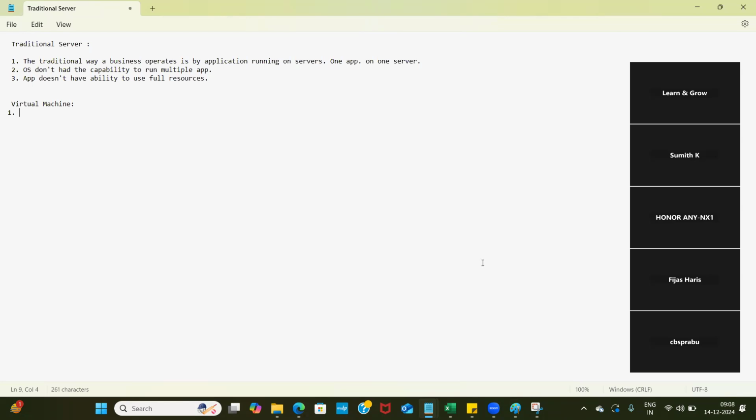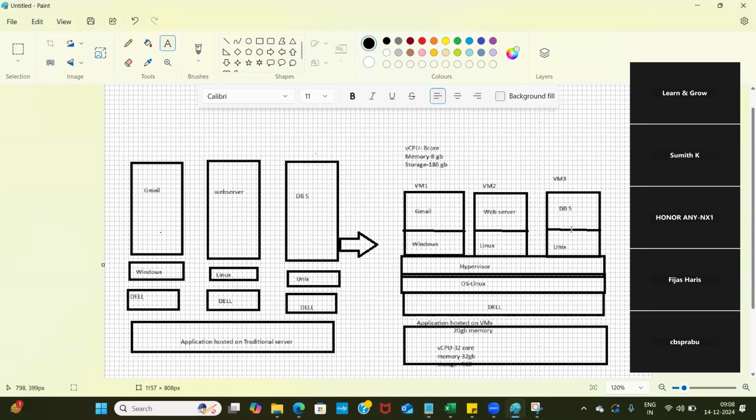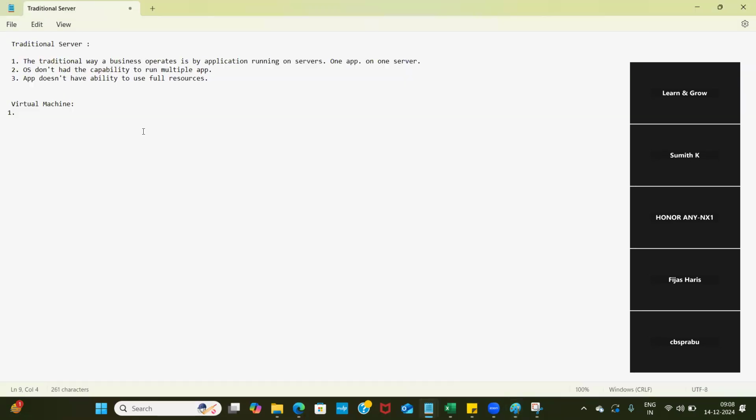And basically, it helps to build virtual machines, means more than one virtual machine we can deploy, right? In this scenario, we deployed 3 virtual machines: VM1, VM2, and VM3. So that's what I'm writing here for you, so that you have an easy understanding, and whenever you require, you can read this.